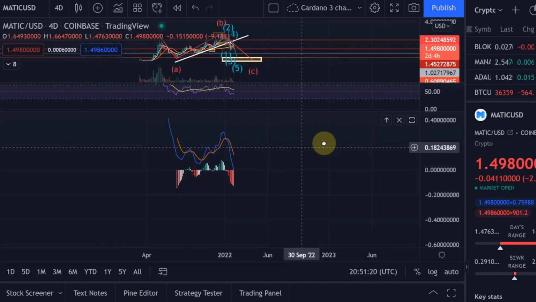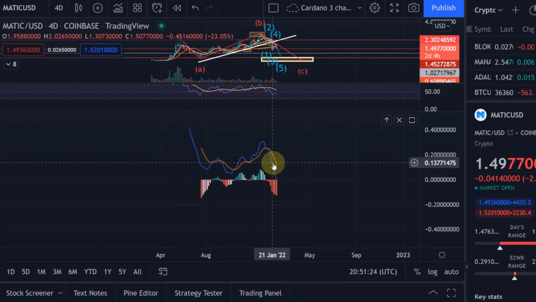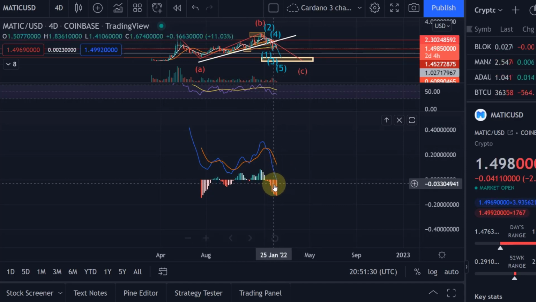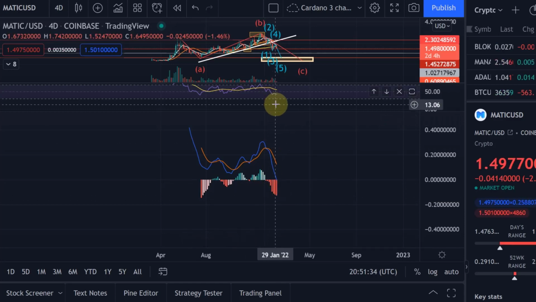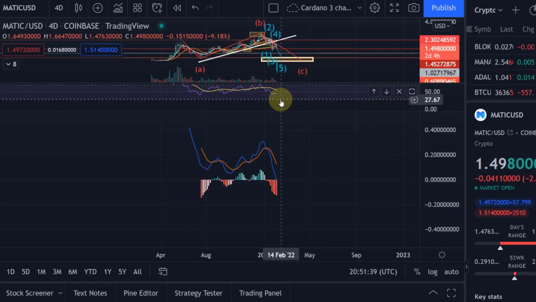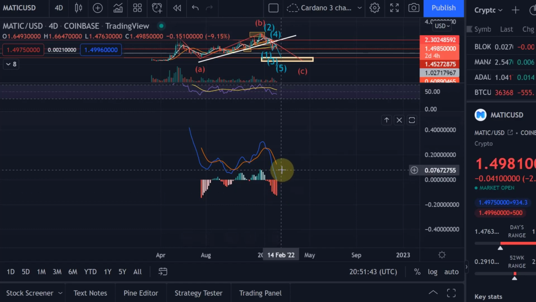The MACD line here has crossed the 0 line. That is a sell indicator, and what you see here is the momentum in red, and the momentum is actually still increasing to the downside. So there is no sign of a recovery. A recovering chart wouldn't print more selling pressure on the 4-day chart.